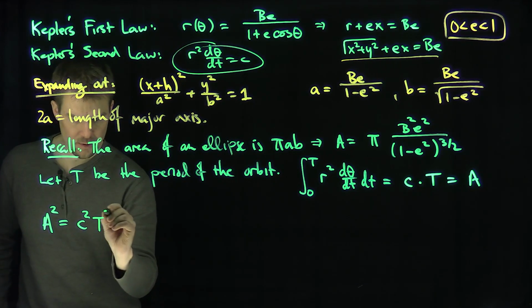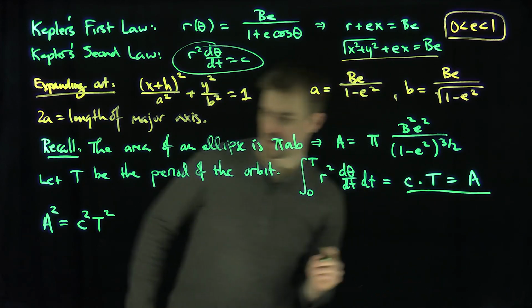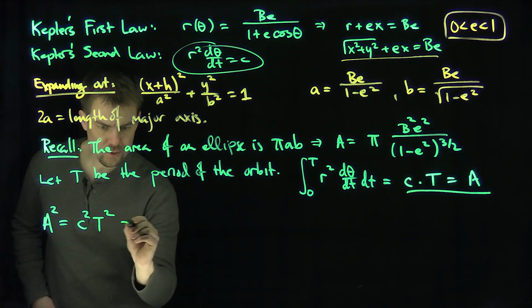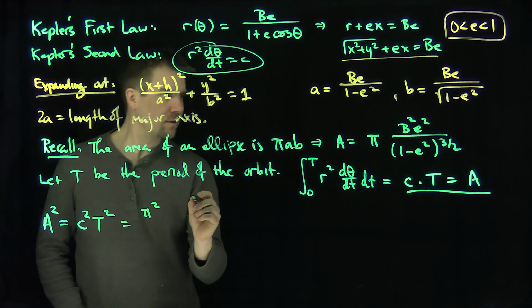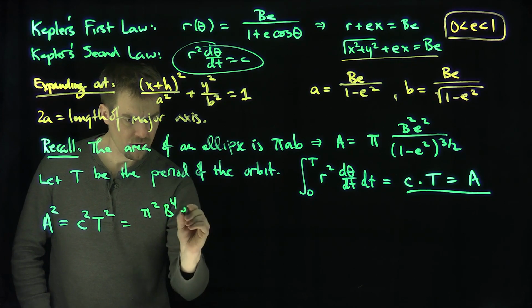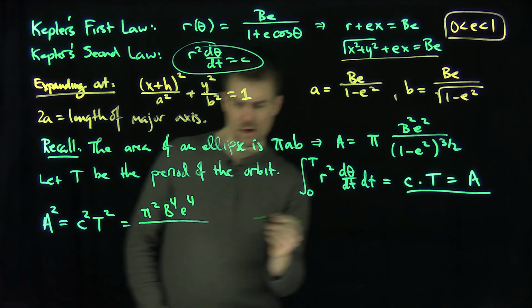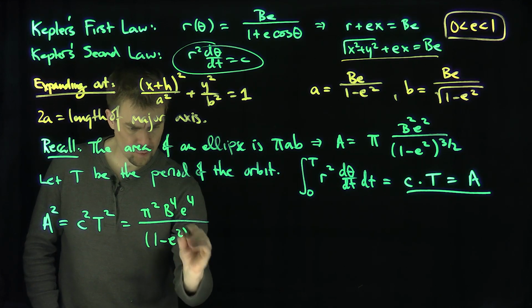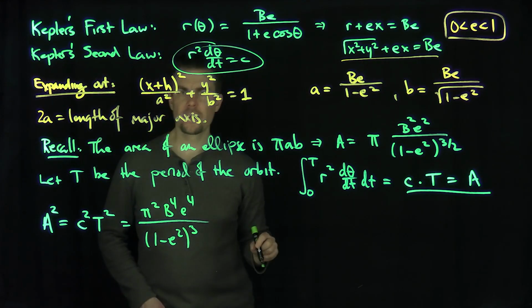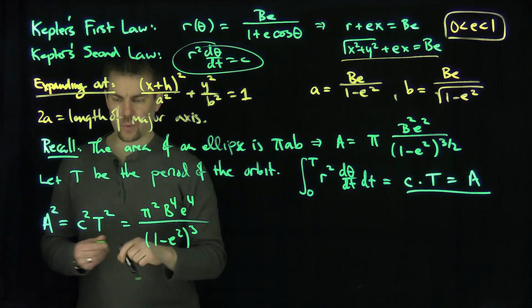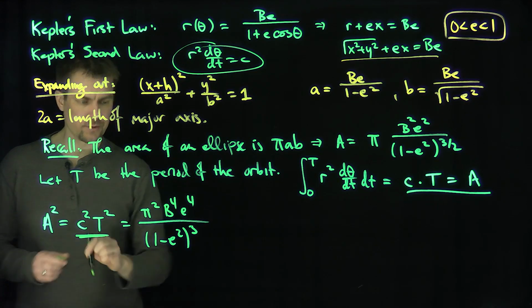And the area squared is really pi squared b to the 4th e to the 4th over, if I square this, 1 minus e squared cubed. So that's the formula for the area squared, or a constant times the period squared.